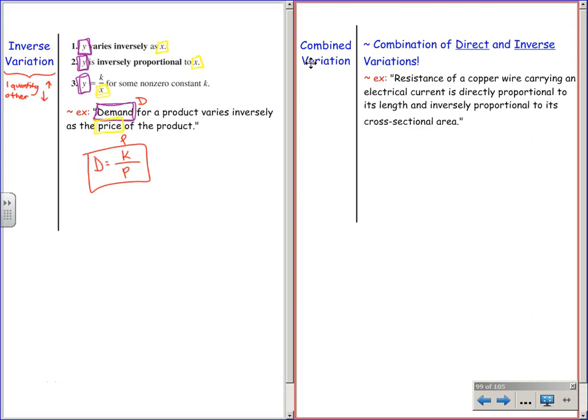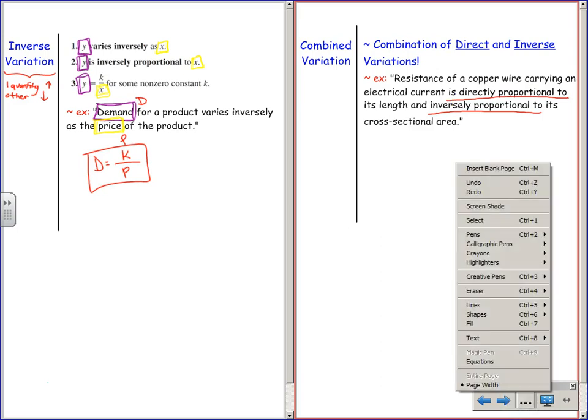Combined variation. Where are boxes? There are no Y's. There are no X's. There's no wording. Because what do you see in here? The wording from before is directly proportional to, what else do you see? Okay, so hold on. We got to think of our main players, right?